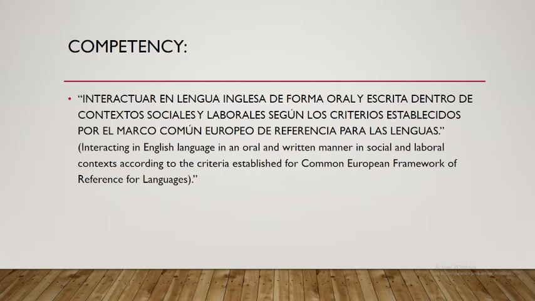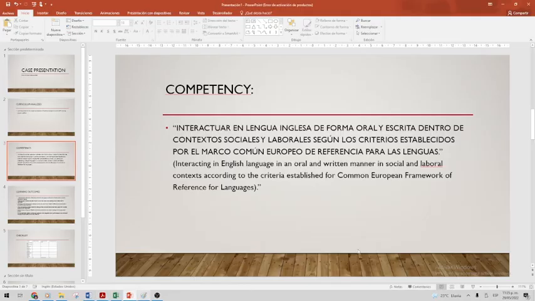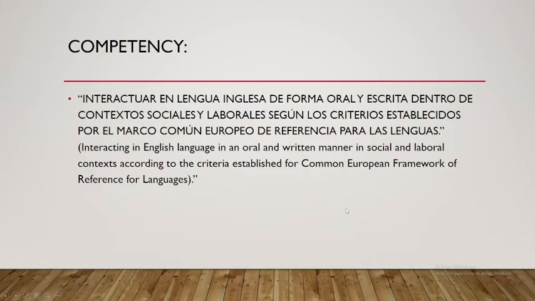SENA is an institution which prioritizes what is called competency-based learning, where the apprentice is supposed to achieve a number of competencies in all the different areas. These competencies indicate if the student has learned all the skills and all the knowledge they need to approve the program.